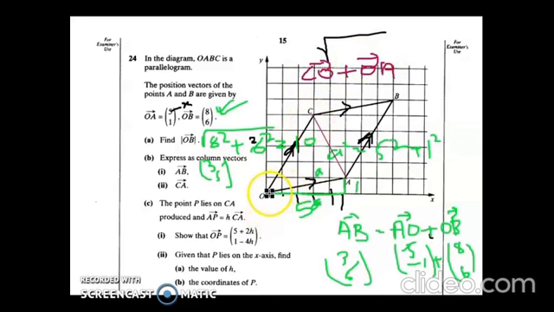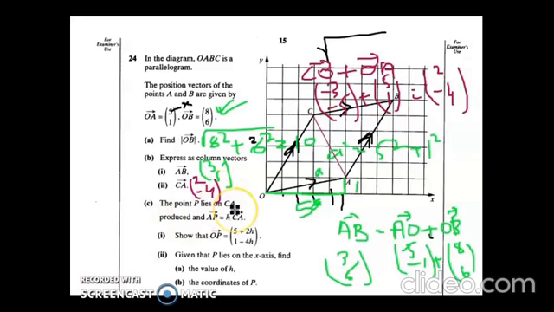Let's find OC. OC, we are going 3 units on the x-axis and 1, 2, 3, 4, 5 units on the y-axis. So this will be minus 3, minus 5, plus 5, 1. Minus 3 plus 5 gives me 2. Minus 5 plus 1 gives me minus 4. So CA will be 2, minus 4.